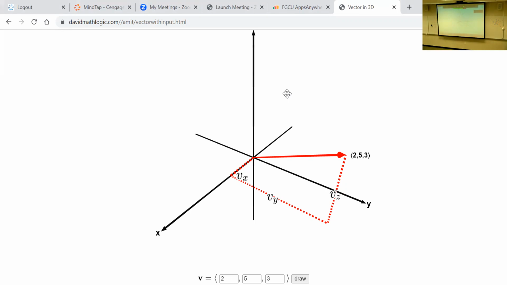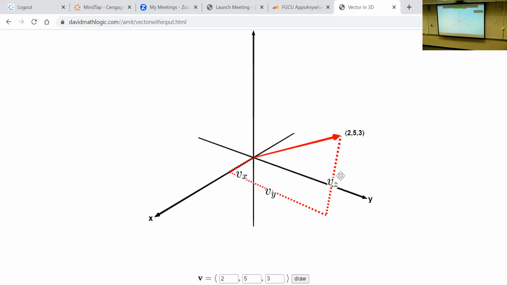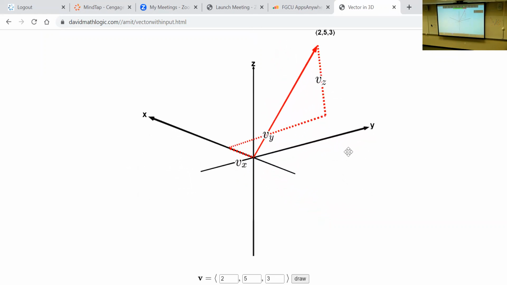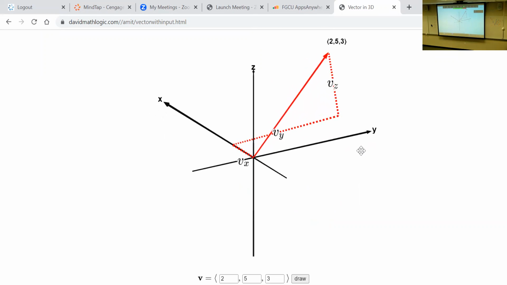This is the site that I showed last time. For purposes of visualization, do you see a point 2, 5, 3? And that point relative to the origin is defined by a vector.